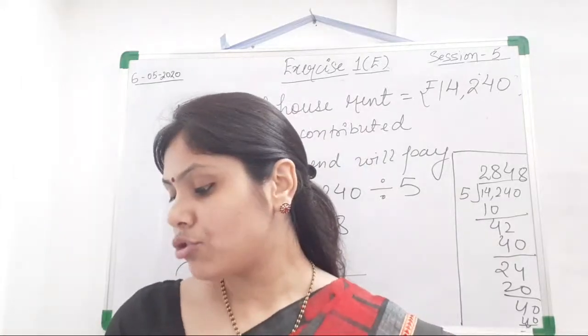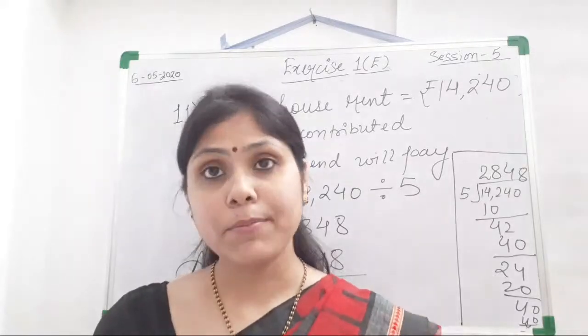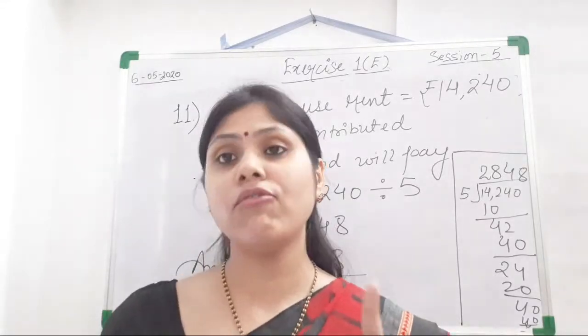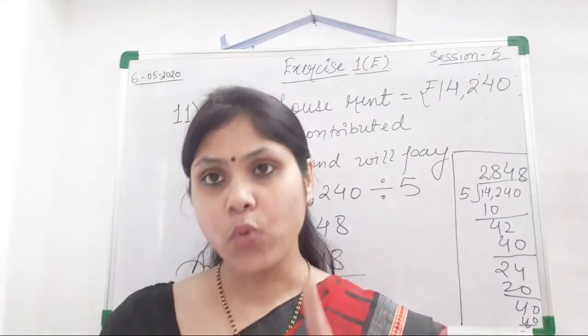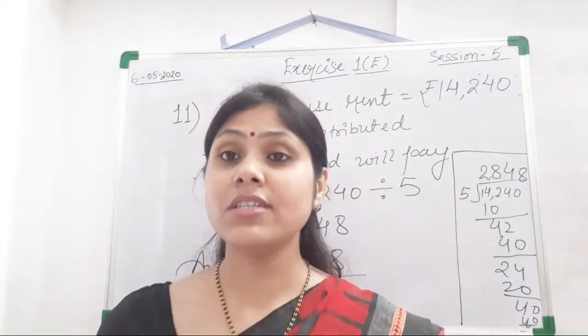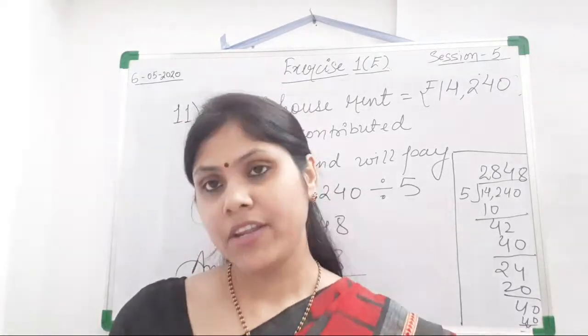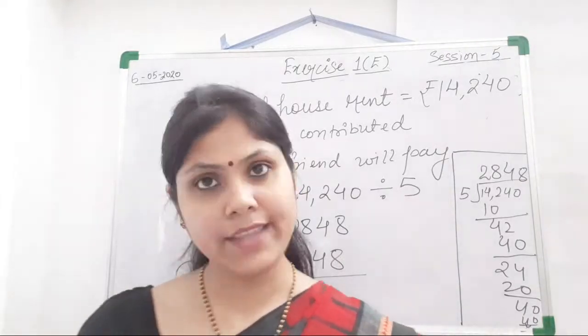Now out of this, 7 students decided not to go and to them 490 rupees each was returned. Means one student will get rupees 490. So the total returned money will be 7 into rupees 490. You will get that amount also.